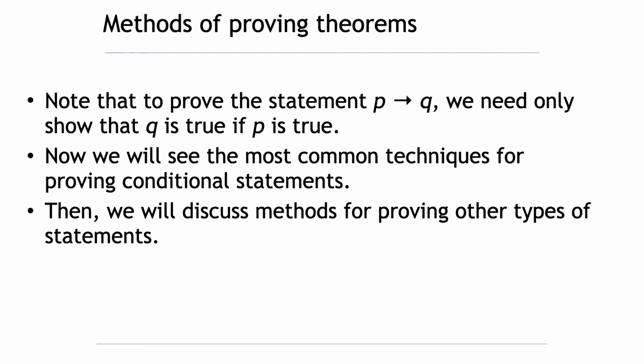Remember, if you don't understand why to prove that P implies Q is true, we need only to show that Q is true if P is true, please go back and see the truth table for the conditional statement. Then you will realize that showing Q is true if P is true is all we need to prove.